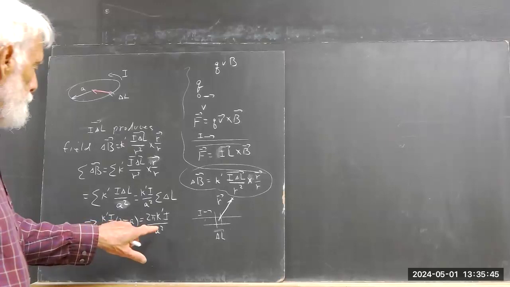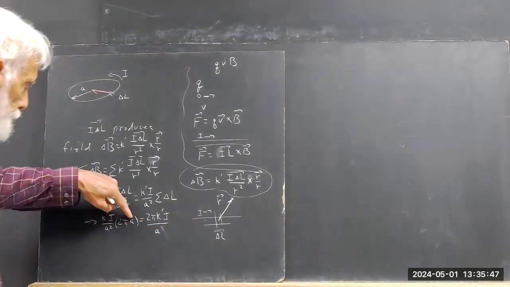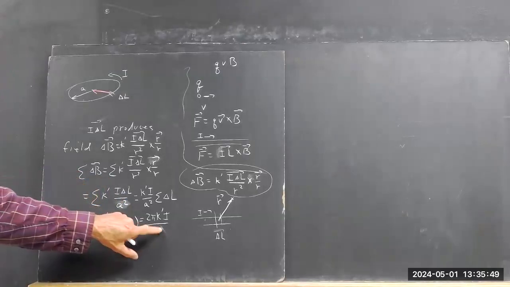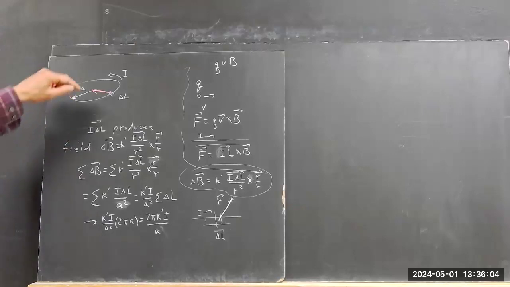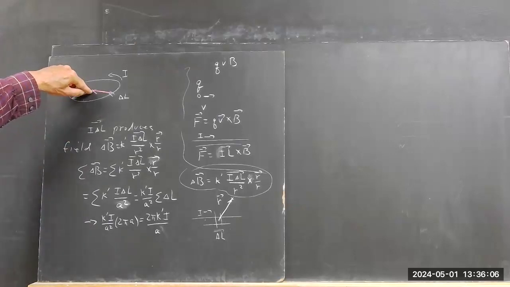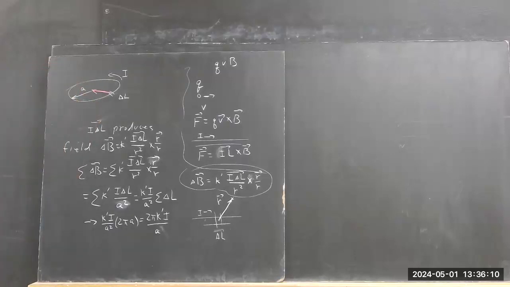And it's not over A squared, it's over A, because the A in the numerator cancels one A in the denominator. Now, that's an argument that you absolutely ought to be able to give. I ought to be able to ask you to show me what the field is at the center of that circular loop, and show me why.